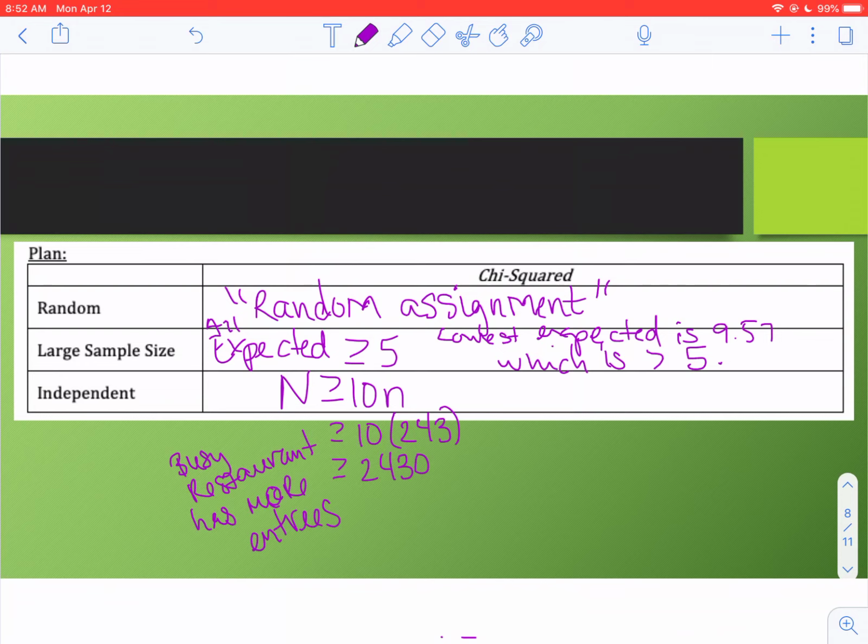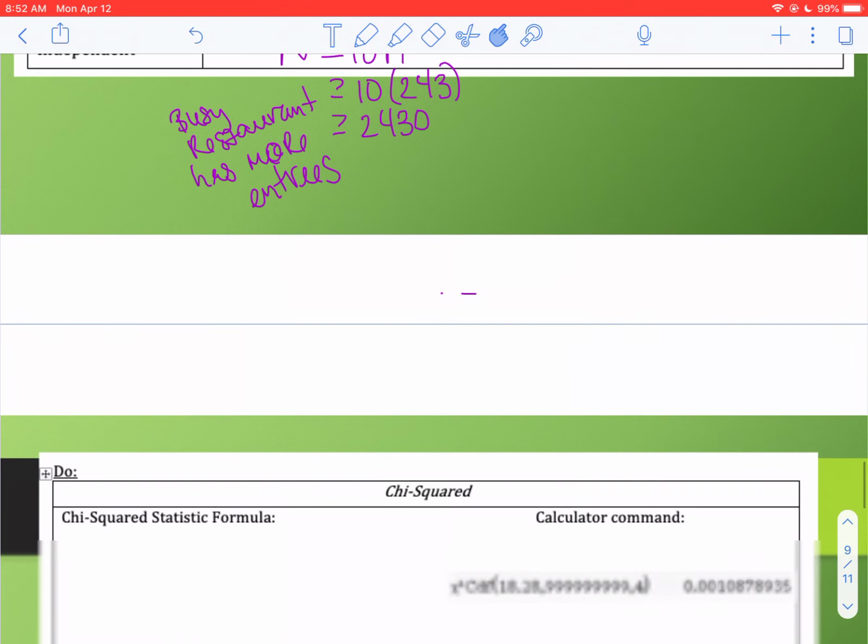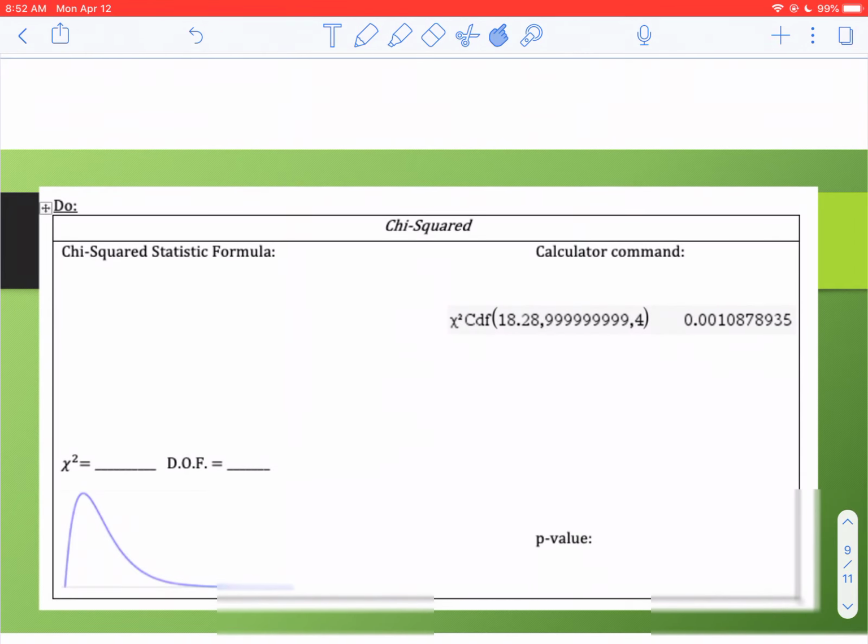Okay, so those are all our conditions checks. So now we can move on to the do. Remember, for any chi-squared test, our formula is the sum of our observed minus expected squared over expected.